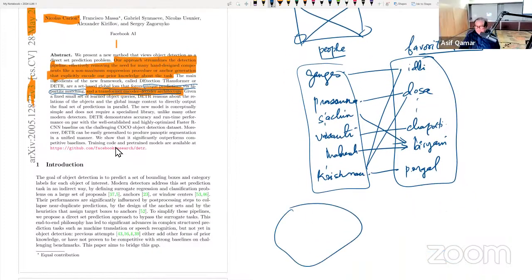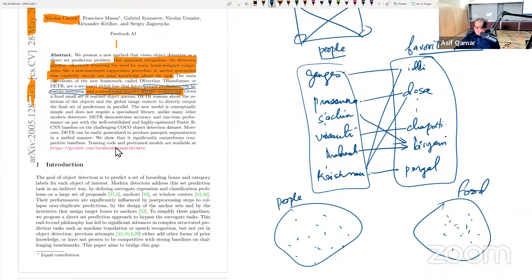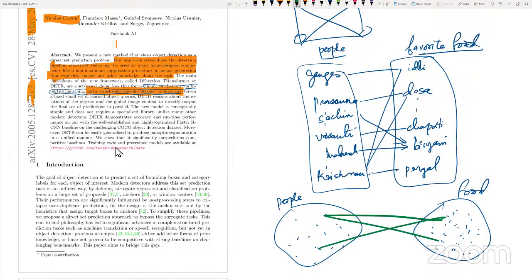In more set theoretic notation, this is people, this is food. What it says is there are no cannibals here. People are not eating people, but all the lines are going like this.